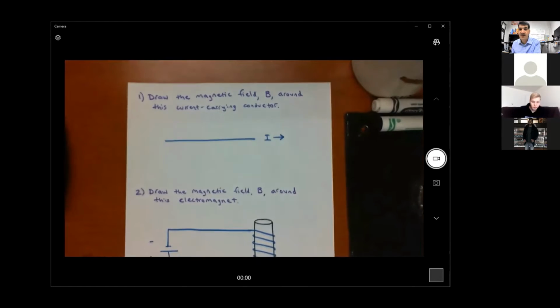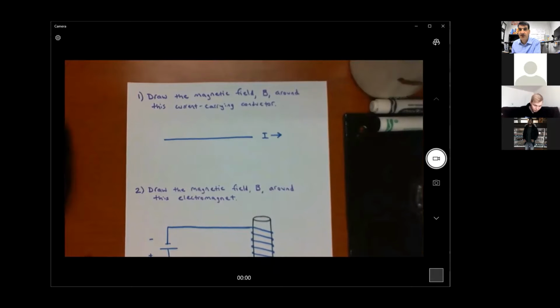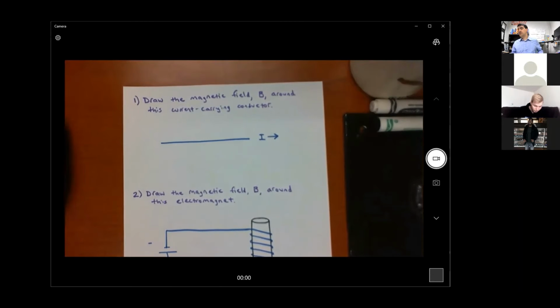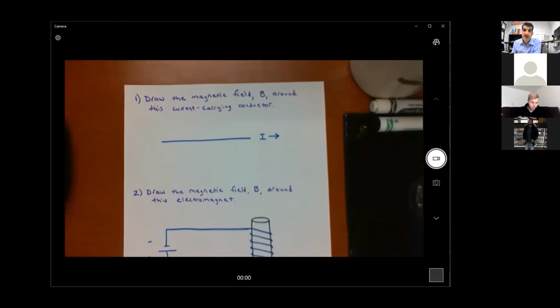So maybe what you want to do right now is use either your screen capture, like print screen, or take a picture with your phone of the screen, and that way you have these example problems, and we can talk through them, and you'll have a record of them.